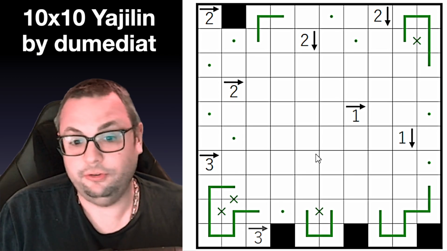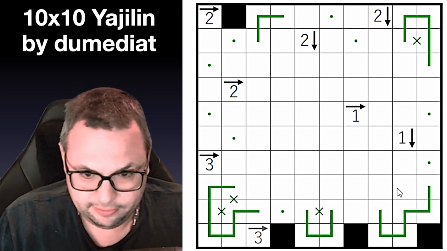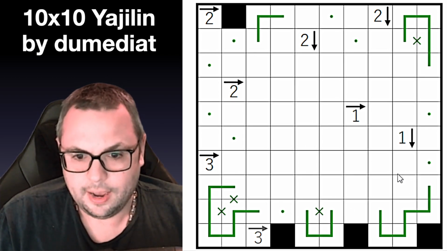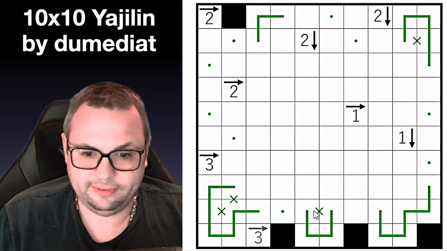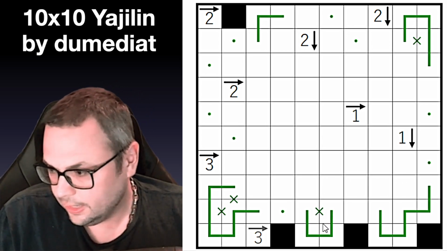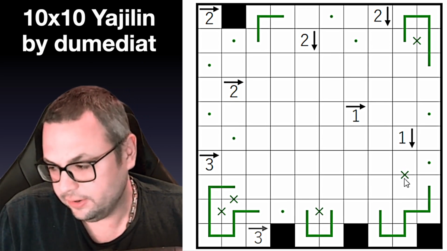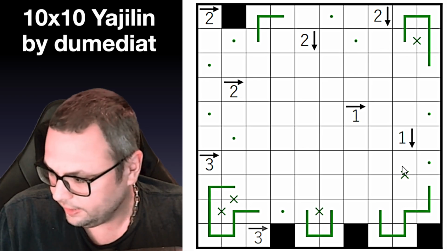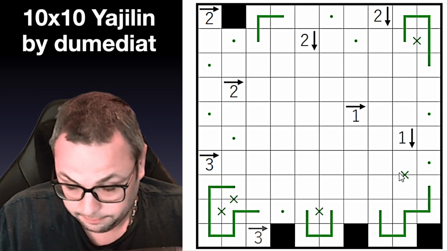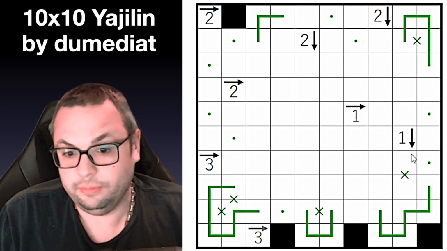Let me introduce you to another little bit of notation that I like to use in these puzzles. I showed you the X, which just means these things don't connect. I'm going to also say I can put an X here, and the reason I can put an X here is because I know one of these 2 is shaded.